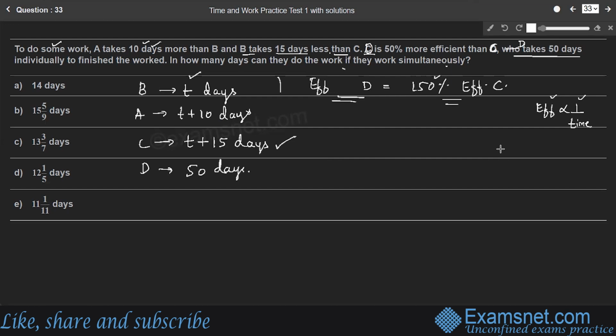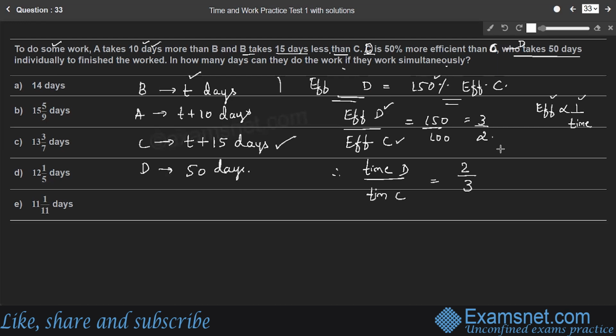Therefore, we'll consider the ratio of efficiency of D to efficiency of C. It is 150 by 100, that is 3:2. Their efficiency ratio is 3:2. That means the time taken by D to C is 2:3, since they are inversely proportional.